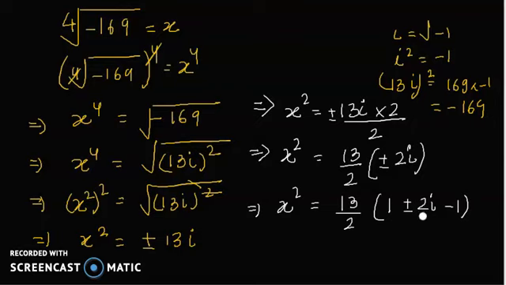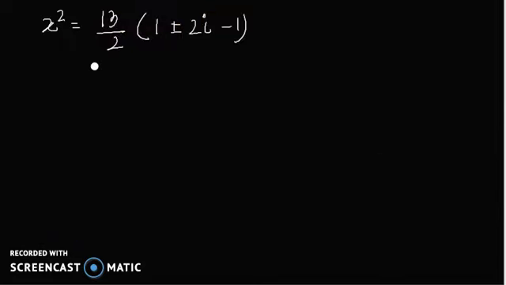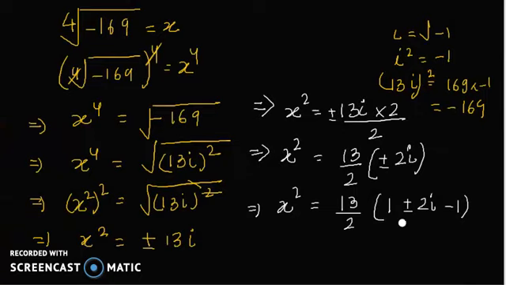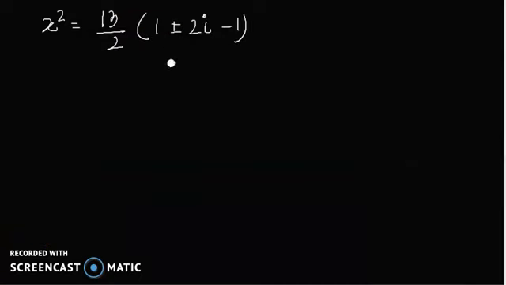Now plus 1 and minus 1 cancel out and you are left with plus minus 2i. So that is correct so far. In the previous slide we got this result, x square is equal to 13 by 2 times 1 plus minus 2i minus 1. As you can see here we got the same result.